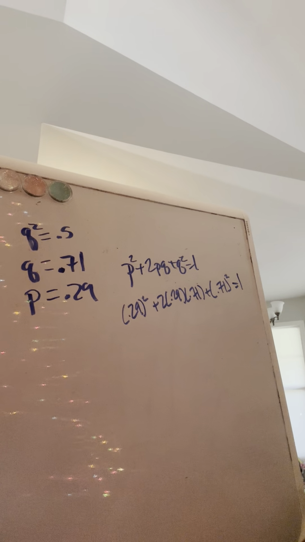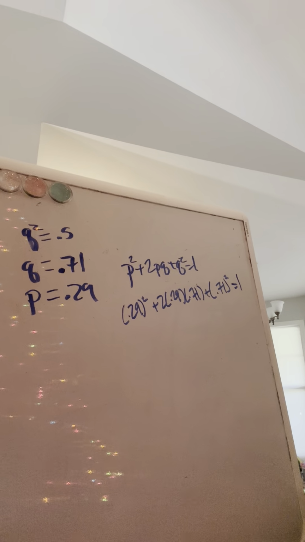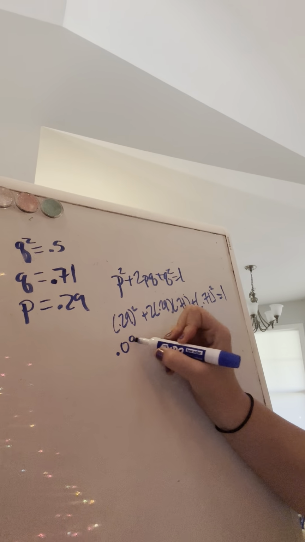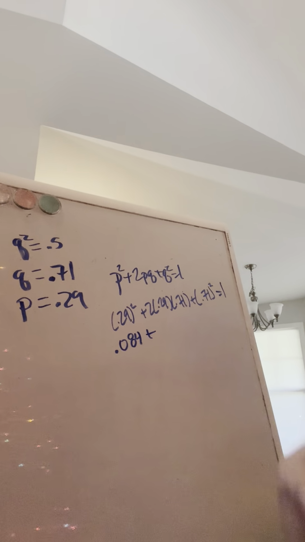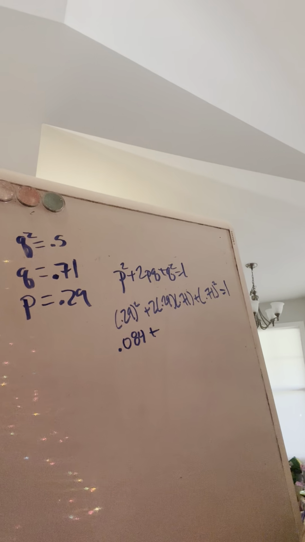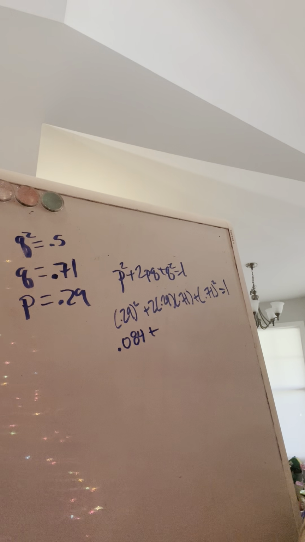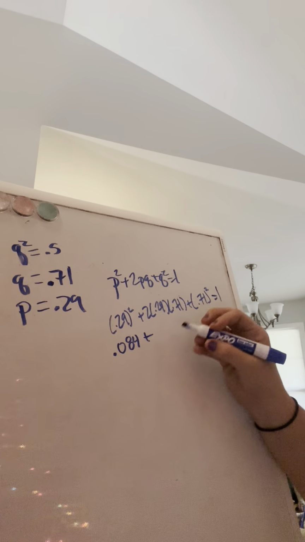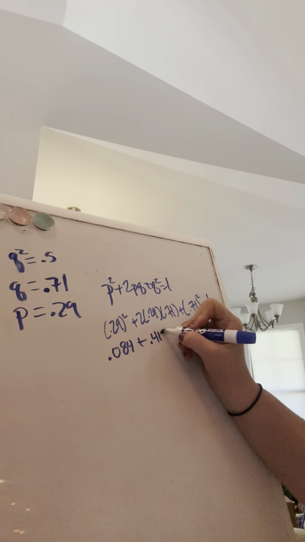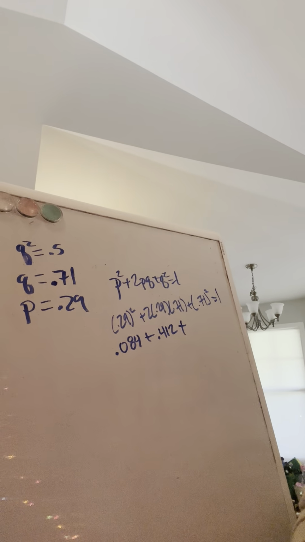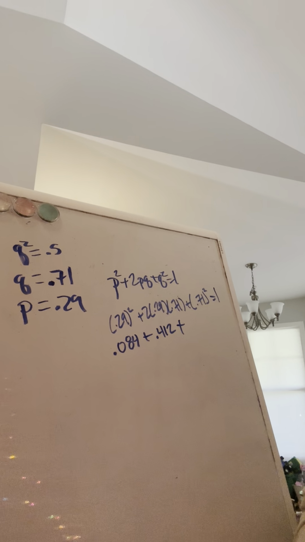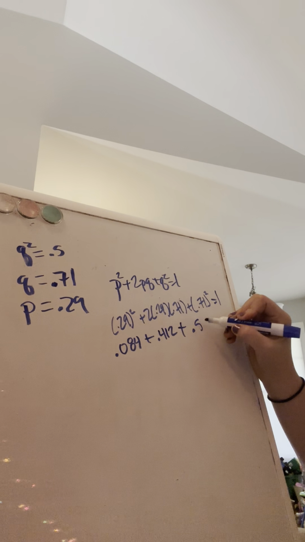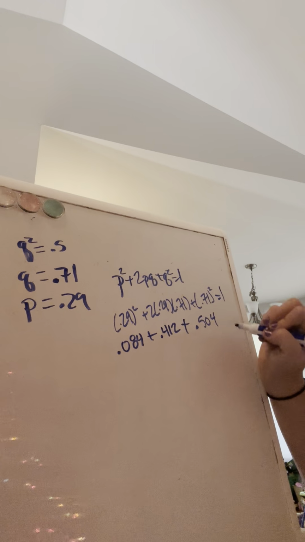All right. 0.29 squared, 0.084 plus 2 times 0.29 times 0.71 equals 0.412 plus 0.71 squared, 0.504. All right, so now add them up.